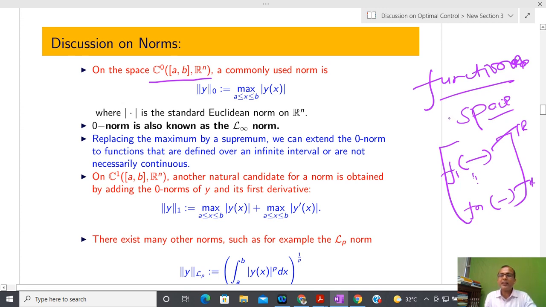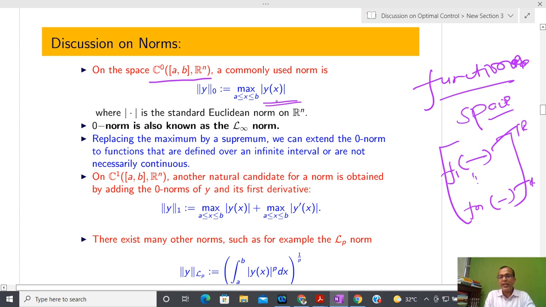Suppose you have to develop some kind of machine; if you know how to calculate the absolute value, that is enough to calculate the norm, even if the space involves real numbers, functions, or polynomials. I can manipulate that, and due to that reason, whenever we define any norm, we just take the help of the absolute value.